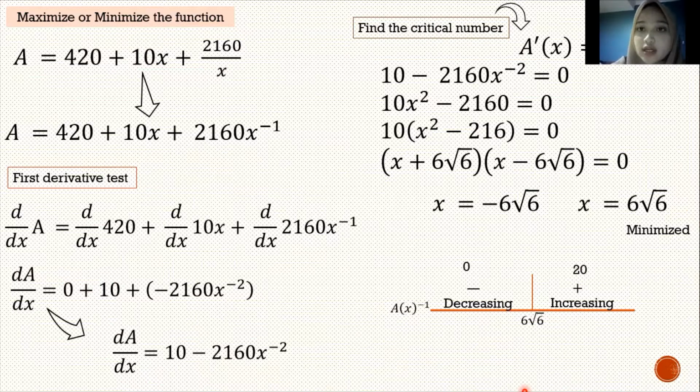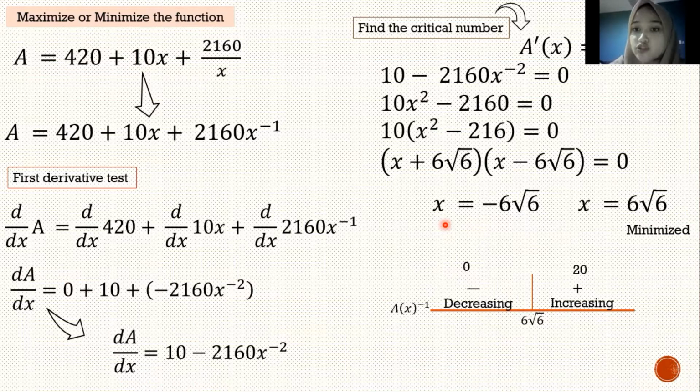So we got 10 minus 2160x to the power of -2, and we equate it to 0. After that, we factorize it until we get the value of x. The values of x that we got here are -6 square root 6 and also +6 square root 6.